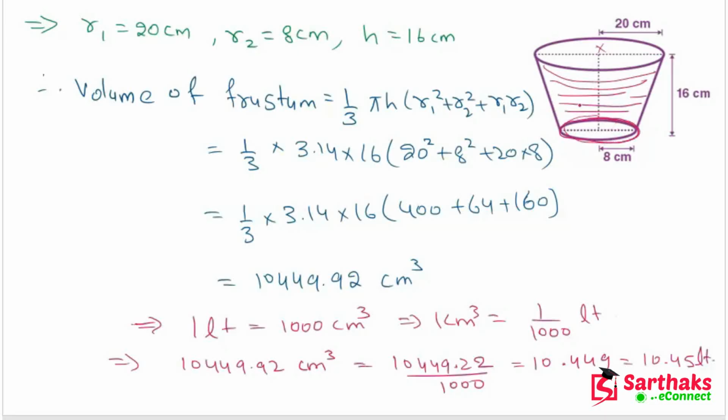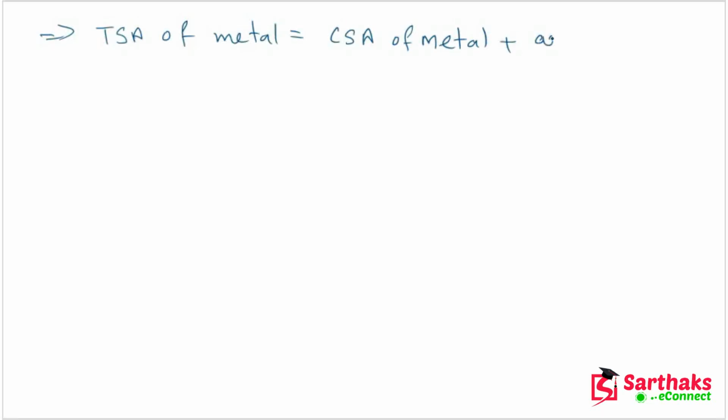So the total surface area TSA of metal is equal to CSA of metal plus area of bottom circle.